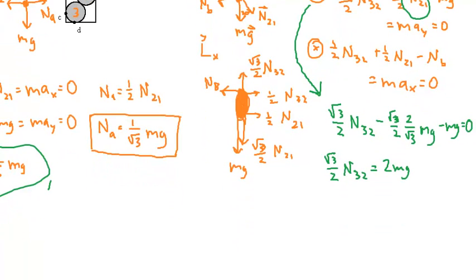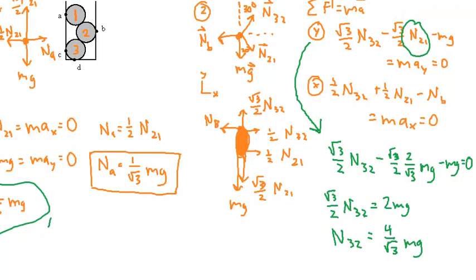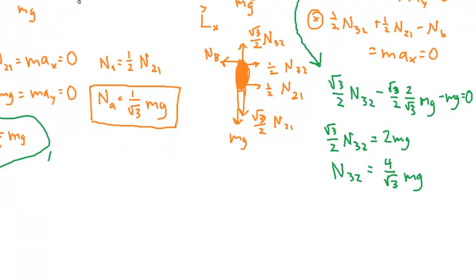Okay? So inserting 2 over root 3 mg for this N21 here, what we're going to get is root 3 over 2 N32 minus, and then this was 2 over root 3. Well, I'll just write it out. Root 3 over 2 times 2 over root 3 mg minus mg, all that equals 0.